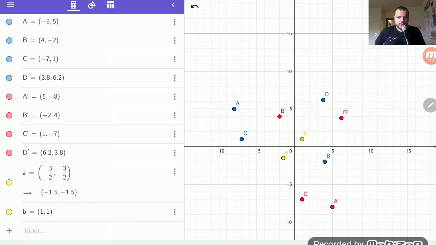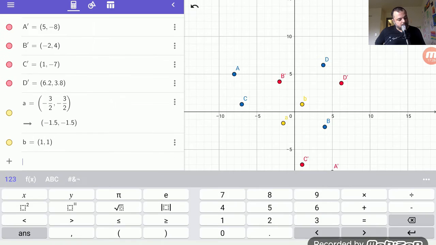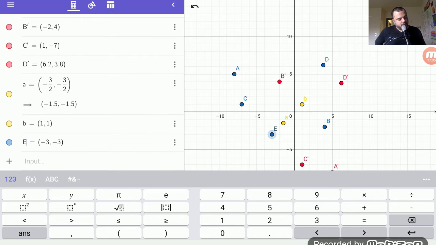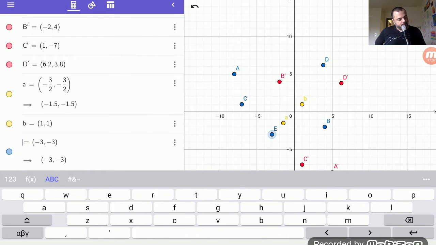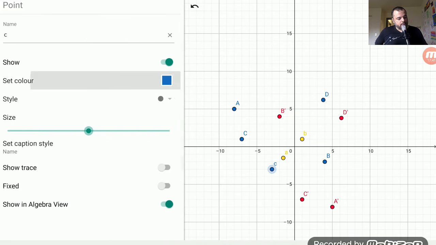C, right? -7 plus 1, -6 over 2 is -3. So we're going to have -3, comma, -3. I'm going to change the name to C small and the color to yellow.